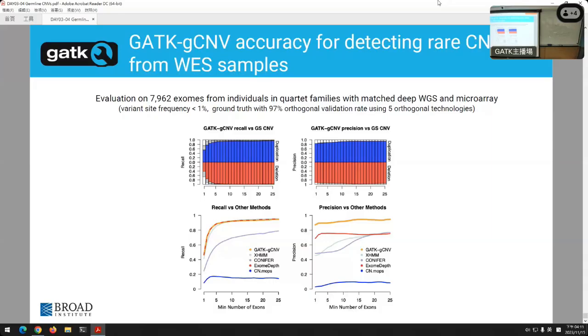That's why we have the filter intervals step of GCNV, to remove those intervals where we don't think we can do a good job. So if you have annotations of where those segmental duplications or other types of copy number changes in the reference are located, then you can pass those into the filter intervals tool, and it can take in that information and determine which intervals it's actually going to use for CNV calling.